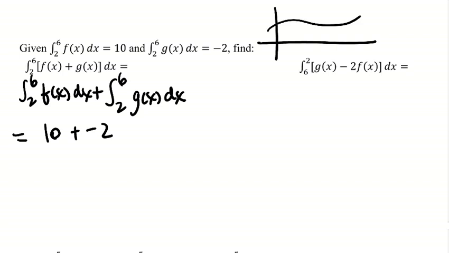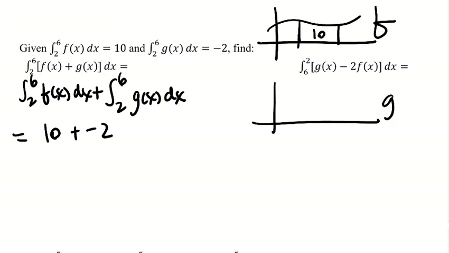Here's f of x. 2 to 6, that was 10. And maybe g of x. From 2 to 6, it doesn't really matter, just give you something to look at. Okay, 10 plus negative 2 equals 8.